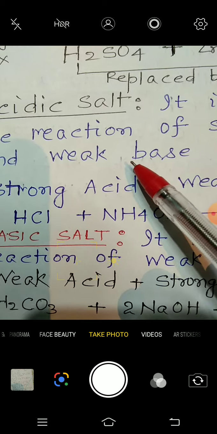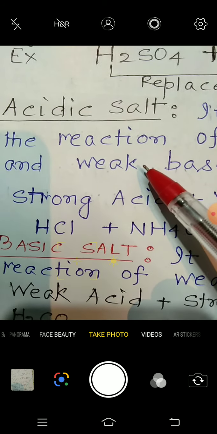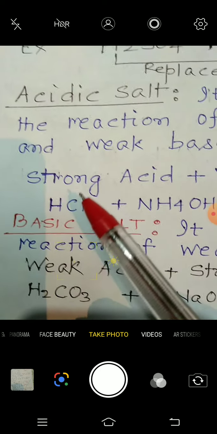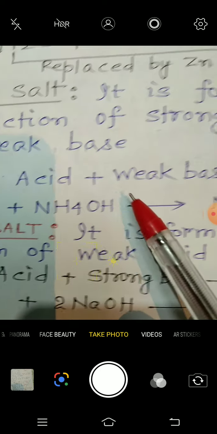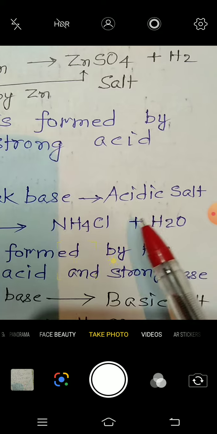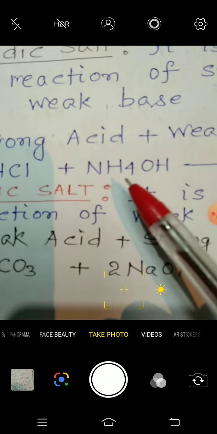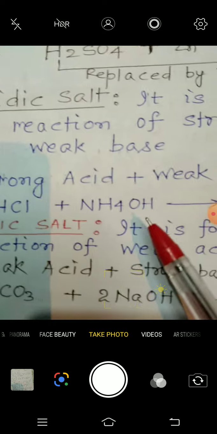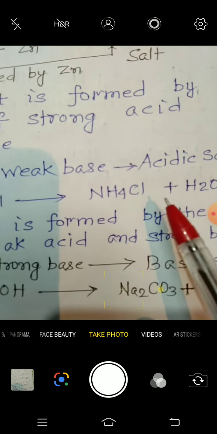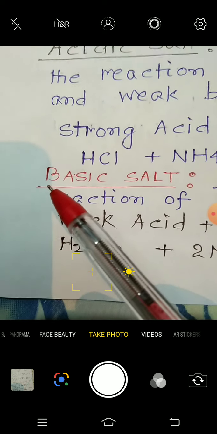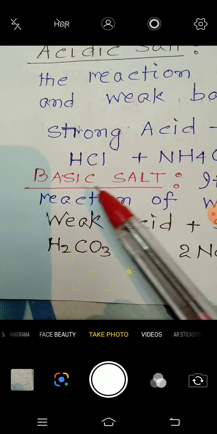When the salt is prepared by the reaction of a strong acid and weak base, that is acidic salt. So, a strong acid plus weak base gives acidic salt. See here example, HCl plus NH4OH gives NH4Cl, which is acidic salt, plus water.